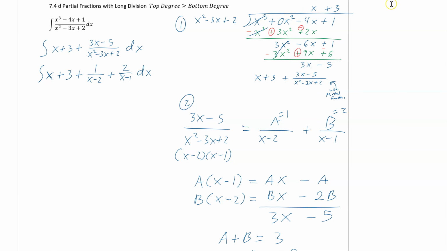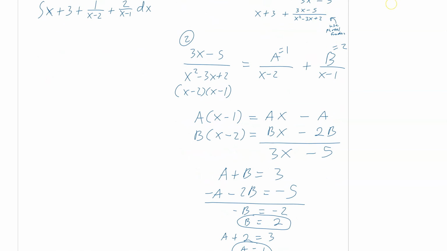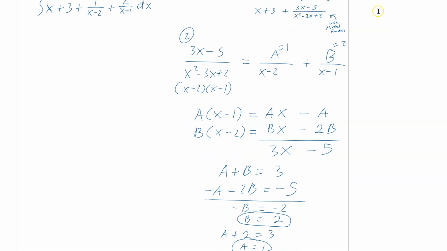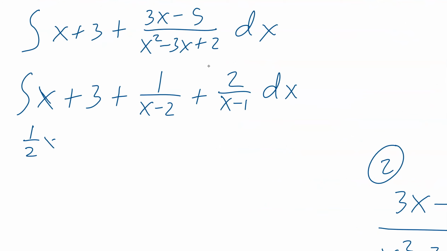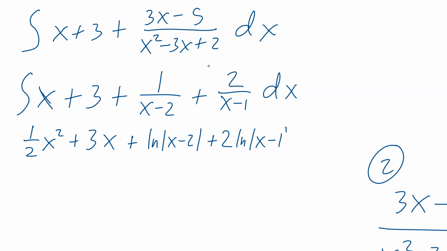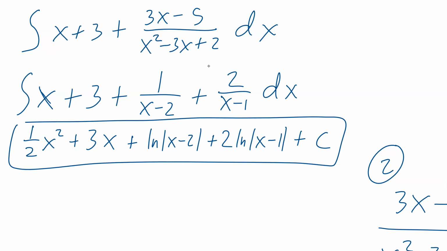So yes, our a we got as 1, our b is 2, so it'd be 1 over x minus 2 and 2 over x minus 1. So far, everything is good. So this is 1/2 x squared plus 3x plus natural log of x minus 2 plus 2 natural log of x minus 1 plus C. And there you have it.